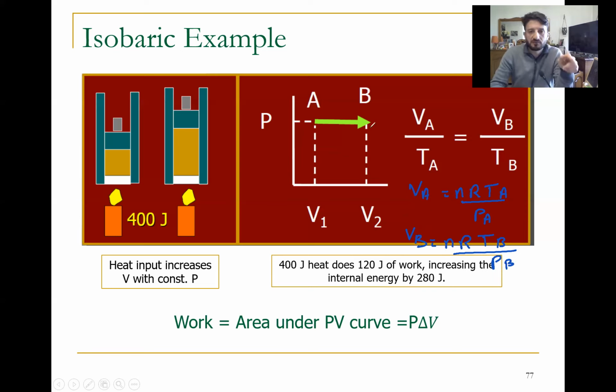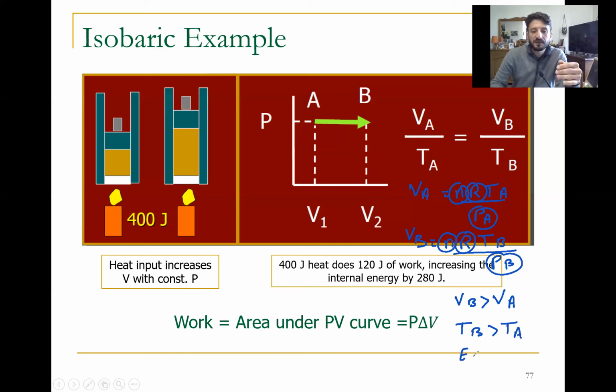In this case, if we increase the volume, N is constant, R is constant, and P is constant. If VA is greater than VB, we increase the volume, so TB must be greater than TA. So VB is greater than VA in this example, so TB must be greater than TA.